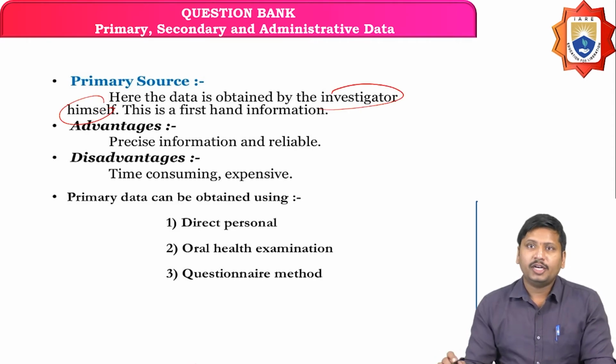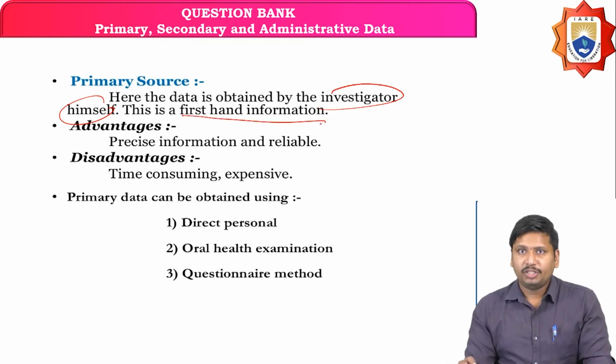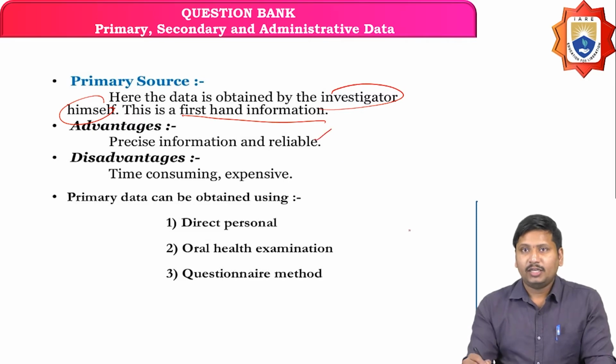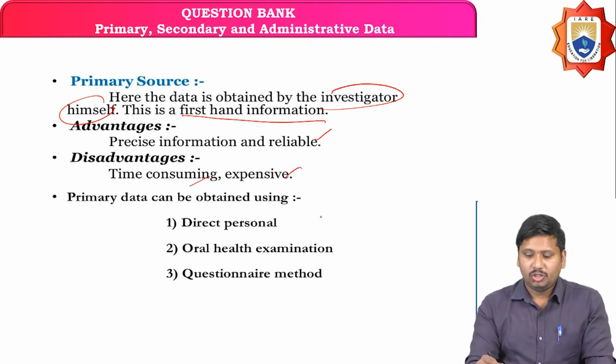The primary source means the data is obtained by the investigator himself. You can treat it as primary data, and this may also be considered first-hand information. The advantage is that the data we gather is precise and reliable, but the disadvantage is that it is time consuming and expensive, since primary data is obtained through direct personal examination, oral health examination, and the questionnaire method.